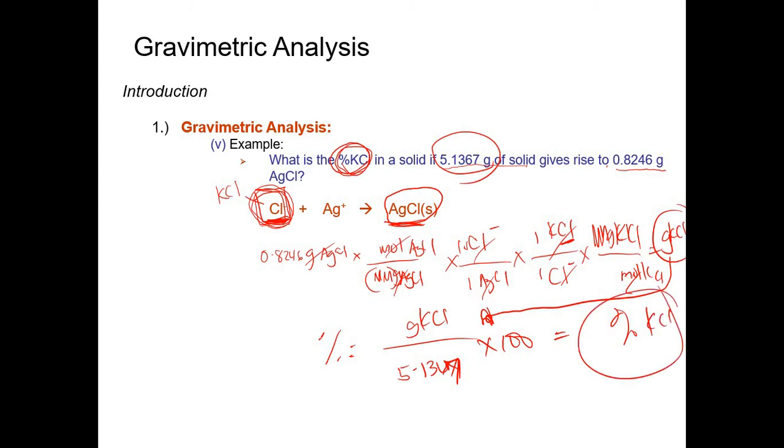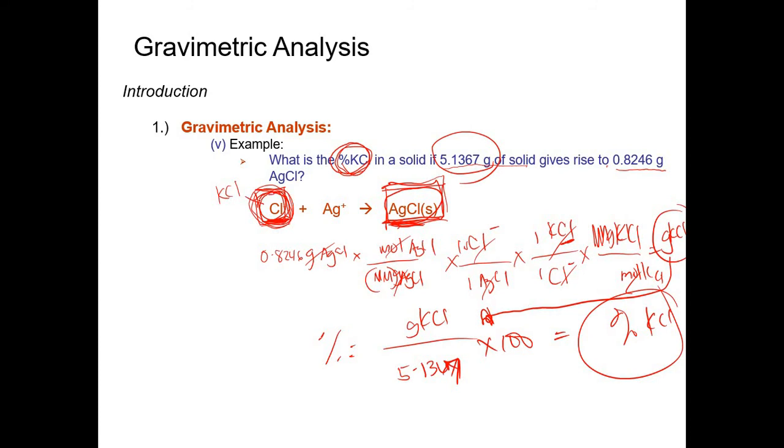Diba? So, you can solve for the amount of the analyte gikan siya sa weight or the mass of the precipitate nga na-produce. Okay, so it gives you the mass. So, you always start with this one. So gikan ka sa mass sa imong precipitate, and then you relate that with whatever is present in the equation. And sometimes it's direct.